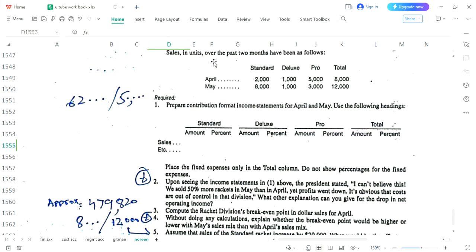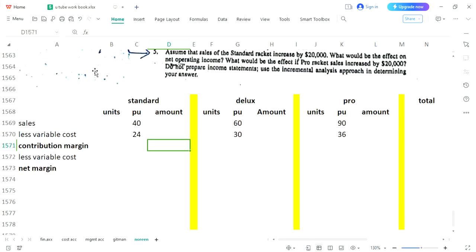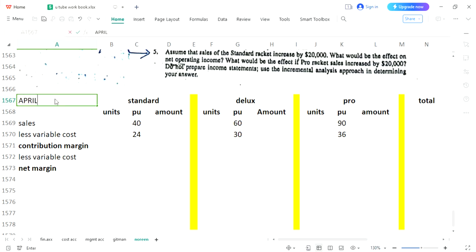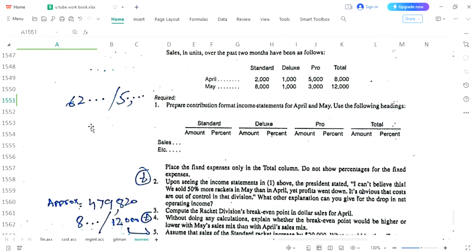Next, sales in units over the past 2 months are as follows. April units are given. So what we are going to do, we will complete it for April. Here we can mention that we are making every calculation regarding April. So again, we will be using units for April.